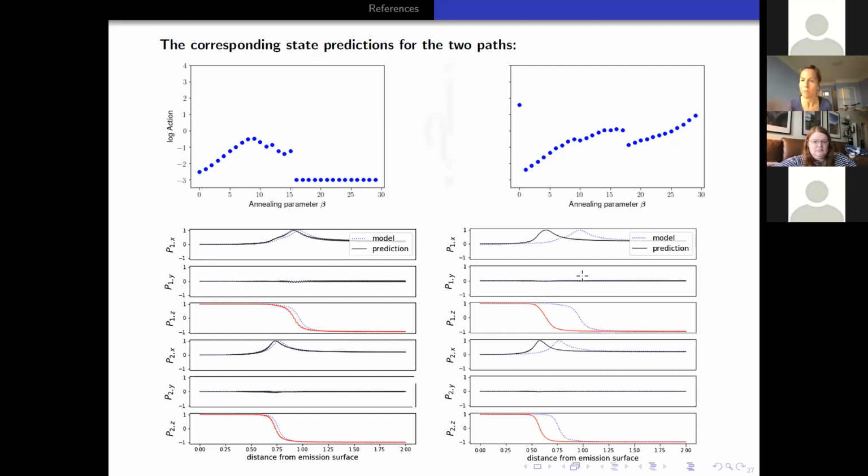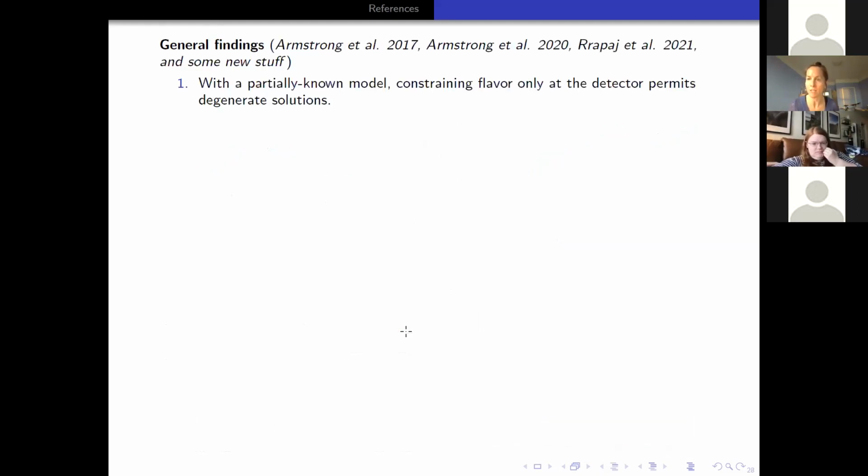I'm sorry, I should have said this: the true forward integration solution is the blue dotted line, and the prediction from the optimization is the black, which are the unmeasured states, and the red are the states that are measured, again, only at the detector, and perhaps at various locations in the interim. We experimented with how many constraints we had to put on the procedure in order for it to succeed.